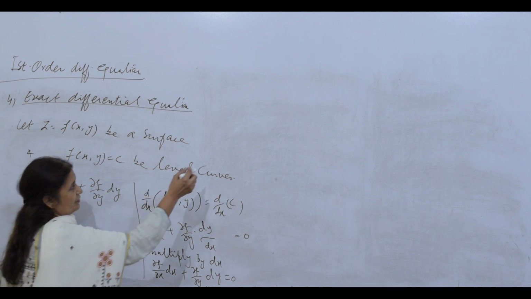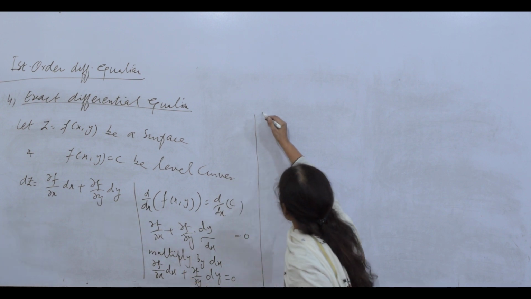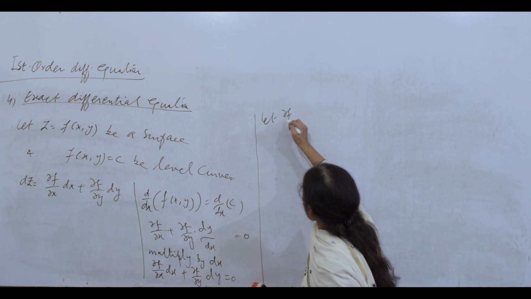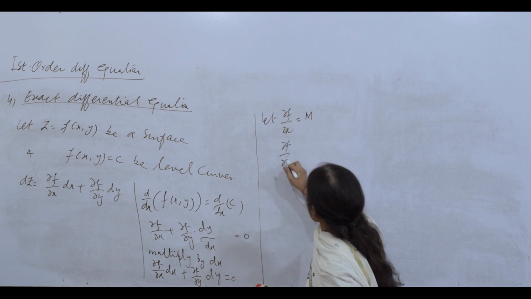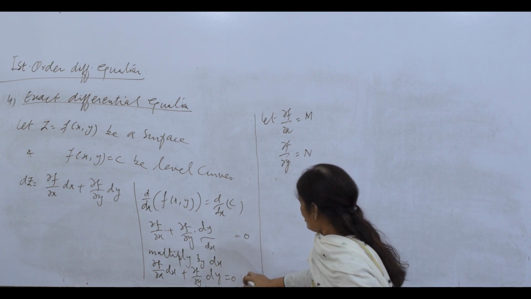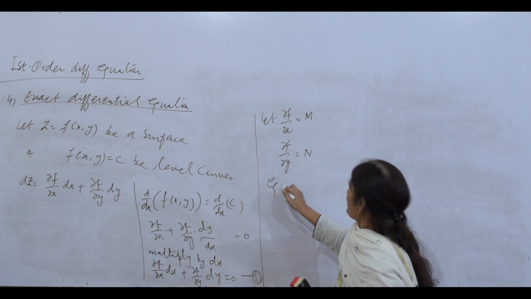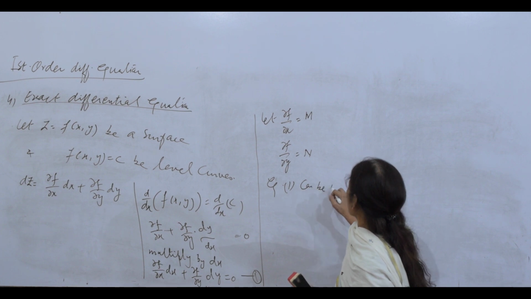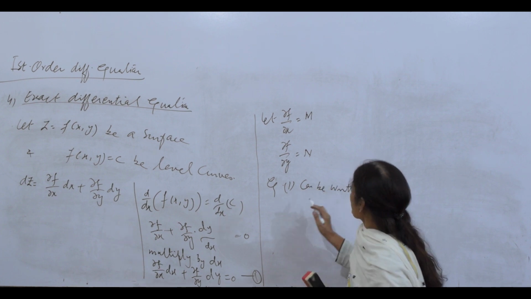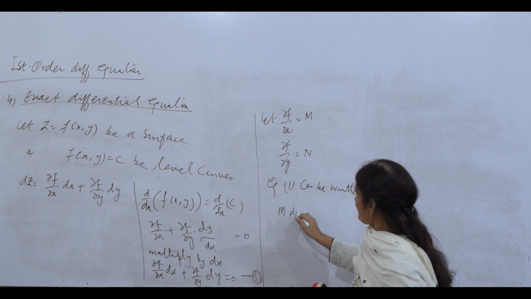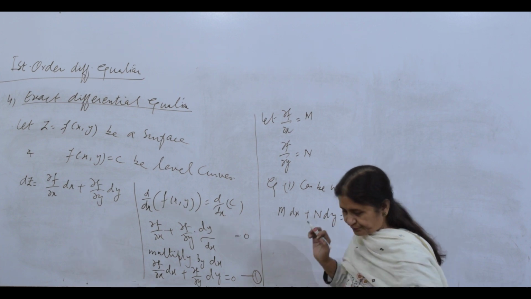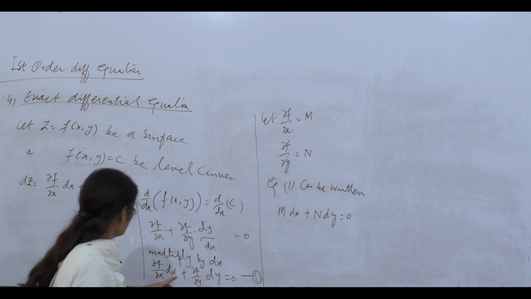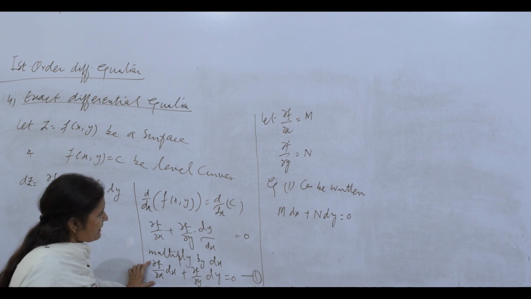Let partial f by partial x be M and partial f by partial y be N. Call it equation 1. Equation 1 can be written as M dx plus N dy equal to 0. If you remember, partial f by partial x is my M and partial f by partial y is my N.